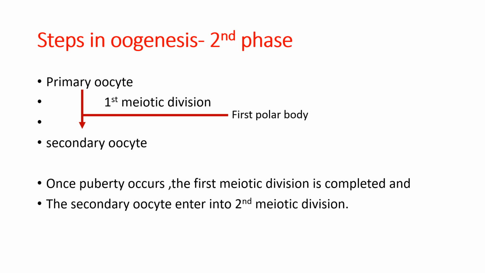Steps of oogenesis in the second phase: the primary oocyte undergoes first meiotic division and forms the secondary oocyte, and here it forms the first polar body. Now this secondary oocyte enters into the second meiotic division. This is what occurs in the second phase of oogenesis.